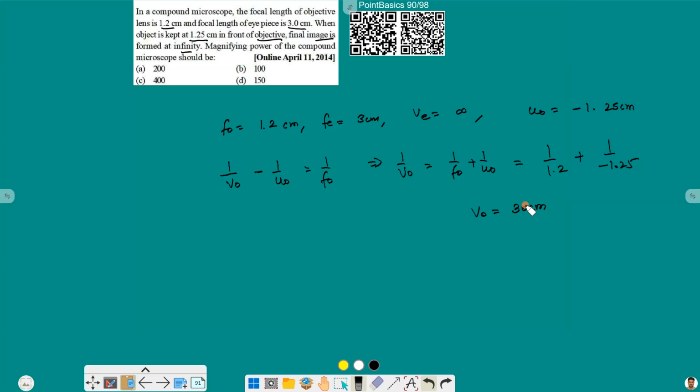Now, in case of infinite image formation setting, the magnifying power of the compound microscope is minus of VO by UO into D by FE. So this will be minus 30 by U of O, that is negative 1.25, into D, that is 25, and F of E, that is 3. When we solve this, we will get 200. So option A is the right one here.